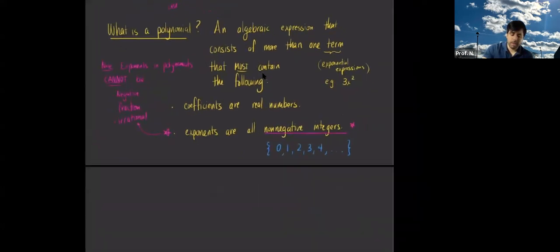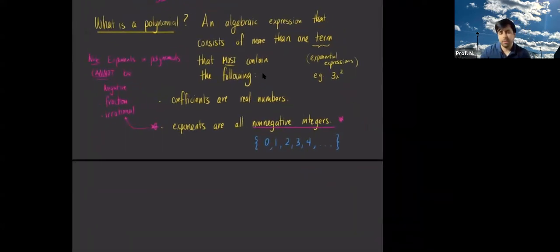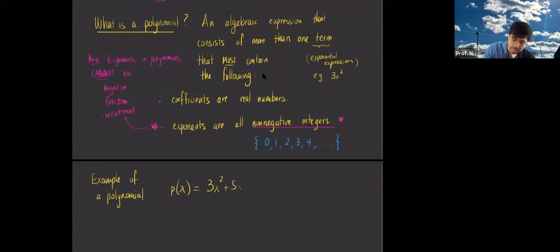So I'll give you an example of a polynomial, and I'll give you an example of something that's not a polynomial. An example of a polynomial: P of x is 3x squared plus 5x plus 2. That's a polynomial. Why? Because we have multiple terms. The coefficients are all real numbers.